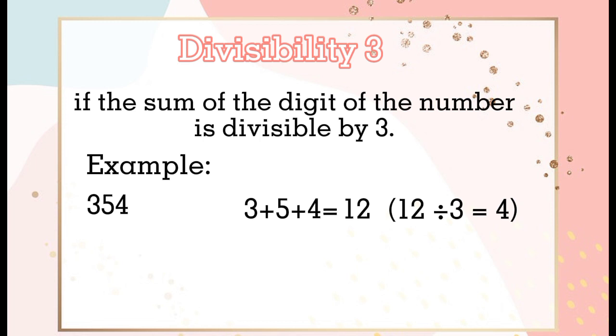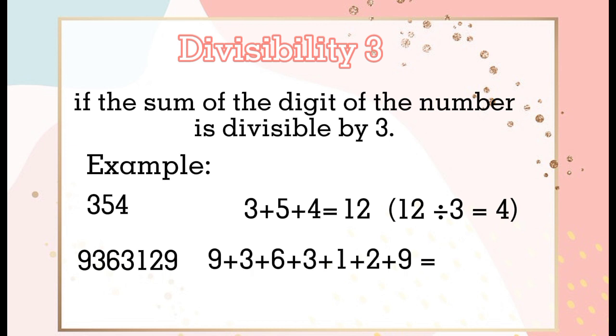Next example is 9,363,129. Let's add it together: 9 plus 3 plus 6 plus 3 plus 1 plus 2 plus 9 is equal to 33. 33 divided by 3 is 11. So it is divisible by 3.